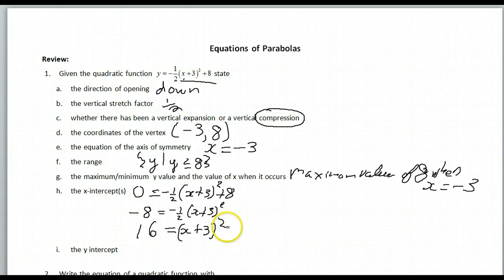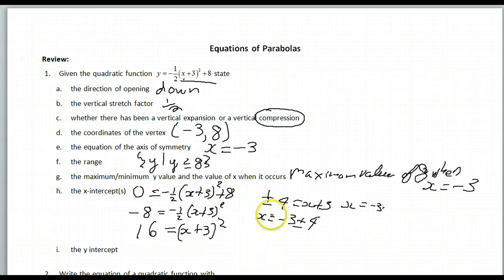And we need to solve that. We take the square root of both sides. Square root of 16 is plus or minus 4, is equal to x plus 3. So x is -3 plus or minus 4.